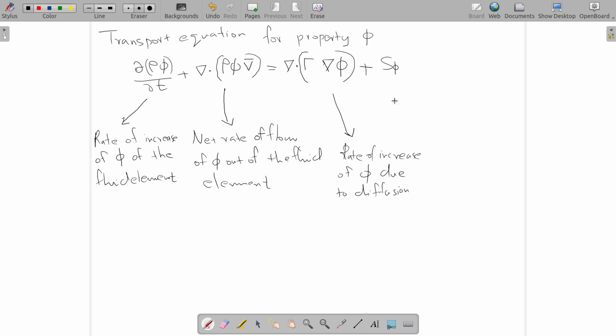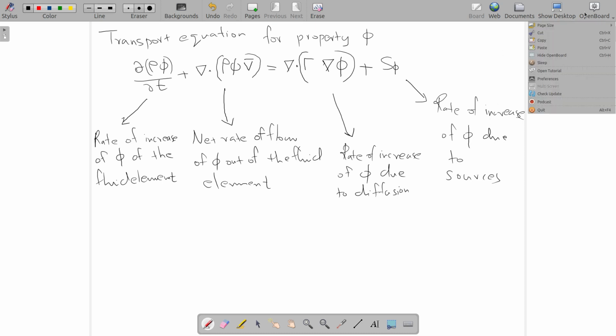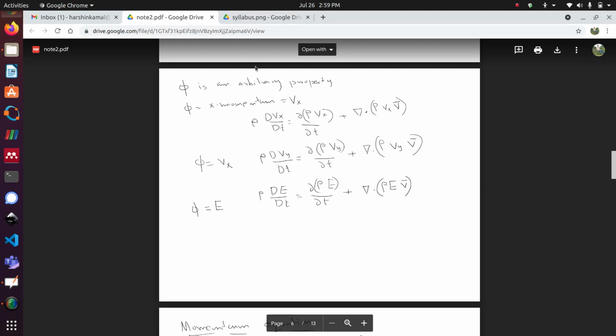So that represents the rate of increase of phi due to sources. So that is the whole transport equation.